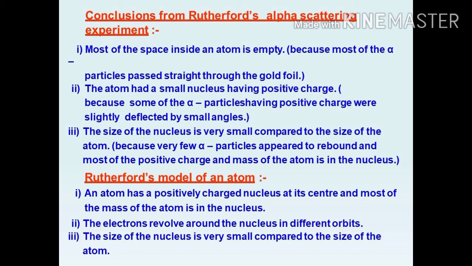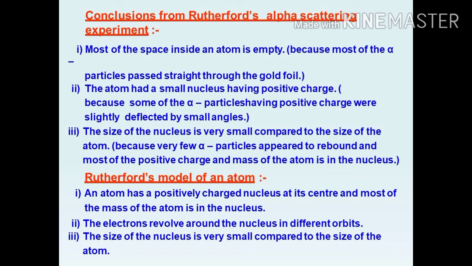There is a positively charged center in an atom called the nucleus. Nearly all the mass of an atom is in the nucleus. Then he found that electrons revolve. What is meant by revolving?